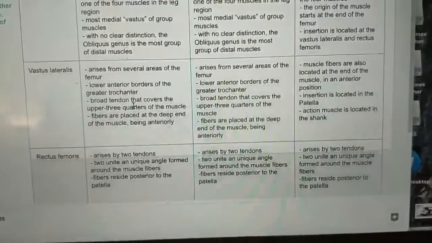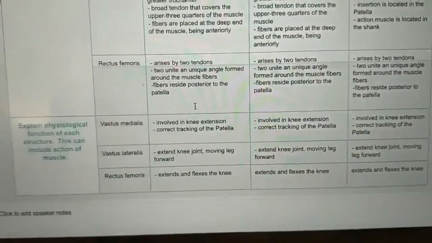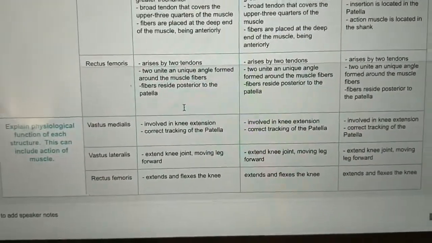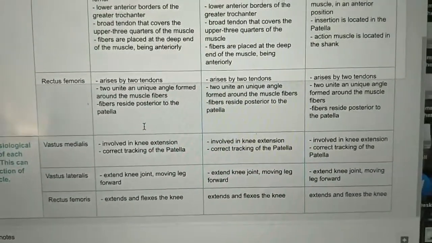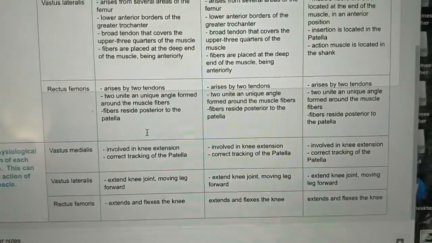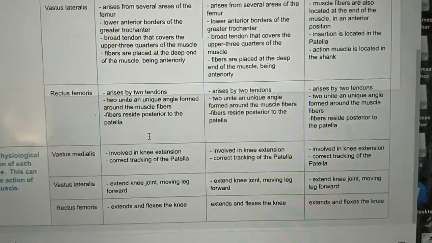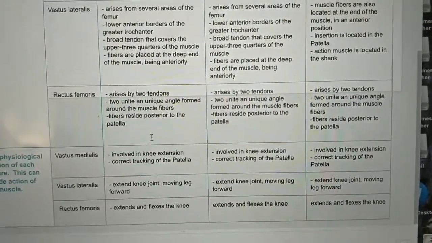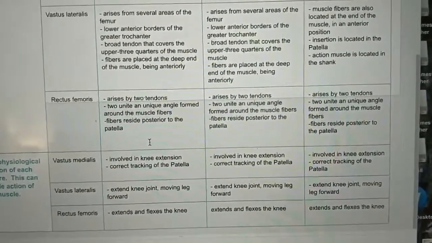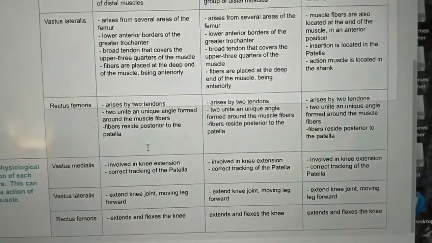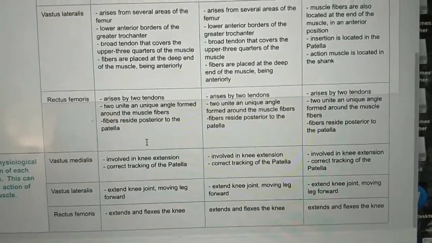Next, in the comparative anatomy for the vastus medialis, the vastus lateralis, and rectus femoris in the pig and mink, it says in the mink it is involved in knee extension and correct contraction of the patella, while the vastus lateralis extends the knee joint, moves the leg, and flexes the knee.